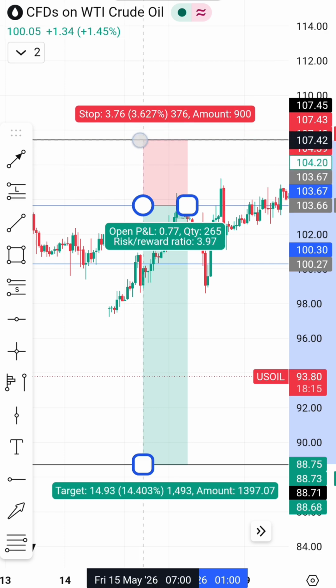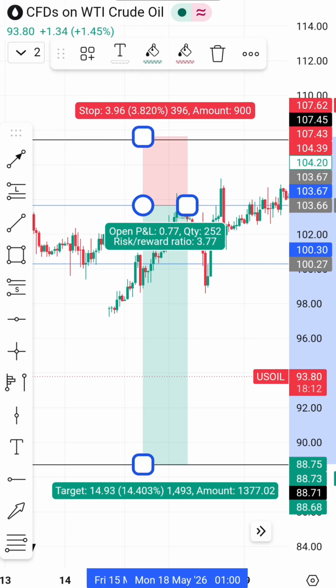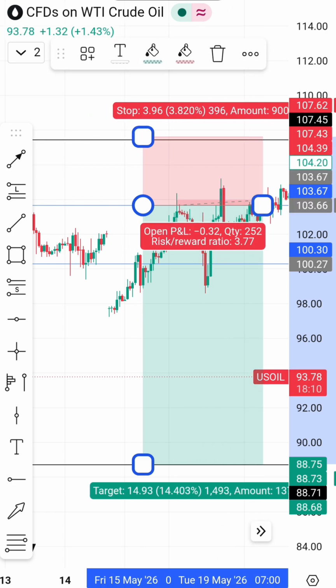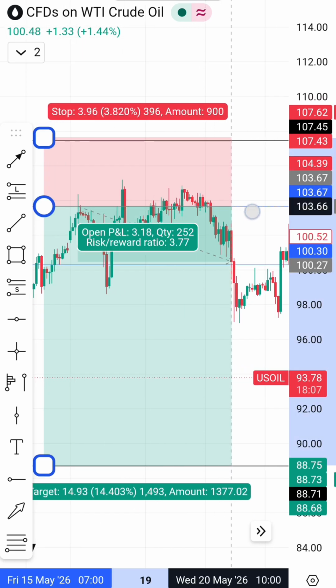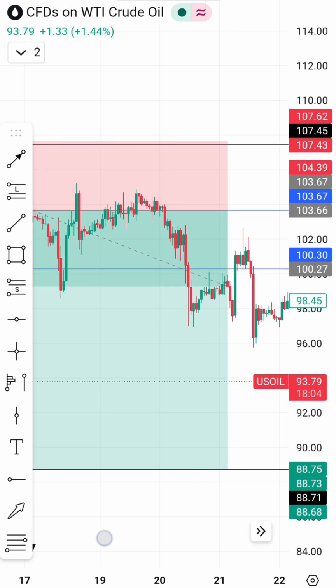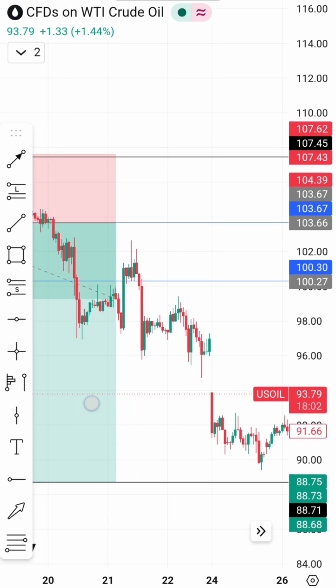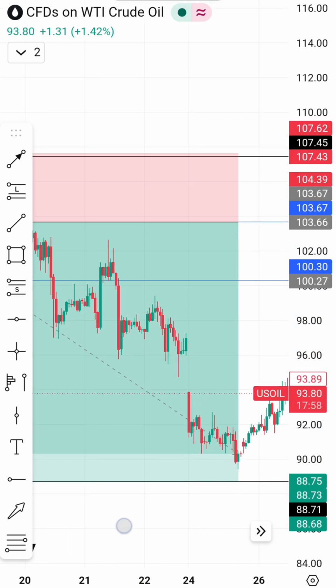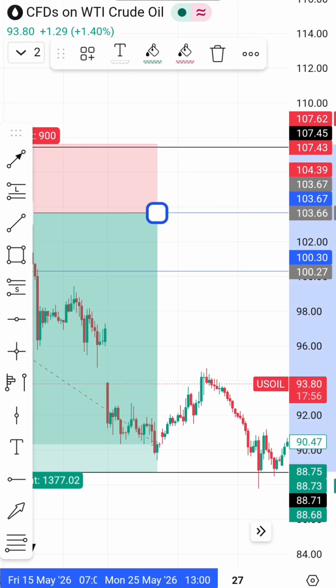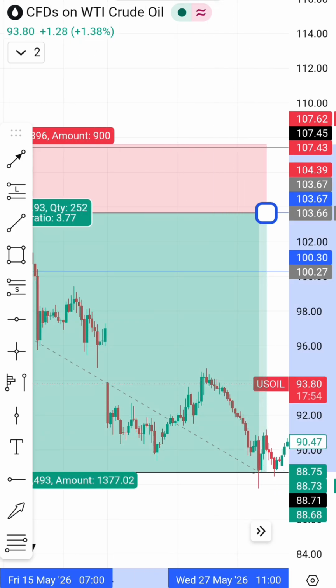Okay, so let's see what happens. The market continues. The market continues. We continue well. And guess what? TP hit. Just like that.